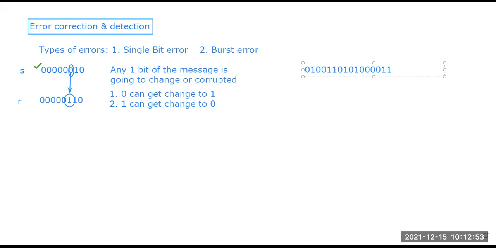Considering the message that was sent from the sender side, this message, as it is a long message, when it is actually transmitting, this 0 gets changed to 1, then 1 1 0, then this 0, then again 0 1 0 0 1 0 1 0. So we can see multiple bit changes happening.